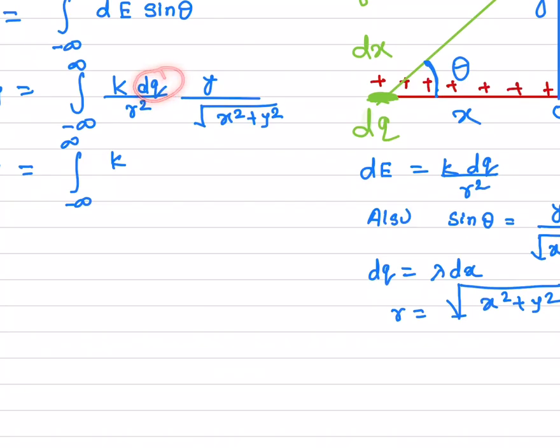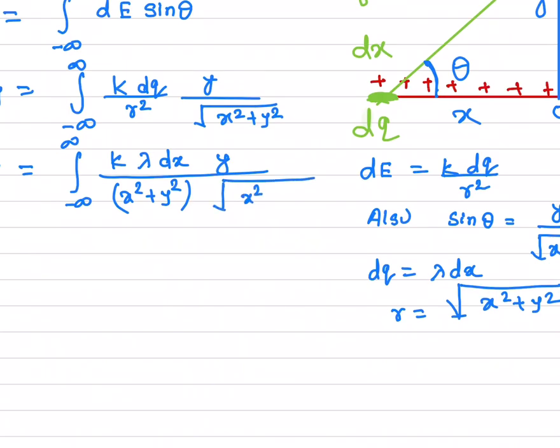So instead of dq, I'm going to write lambda times dx, and then you have y, and again r squared. r is the square root of x squared plus y squared, and if you square it, it is simply x squared plus y squared. And then you have this term here, the square root of x squared plus y squared. Okay.